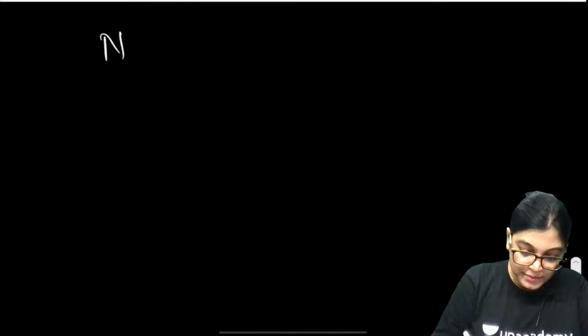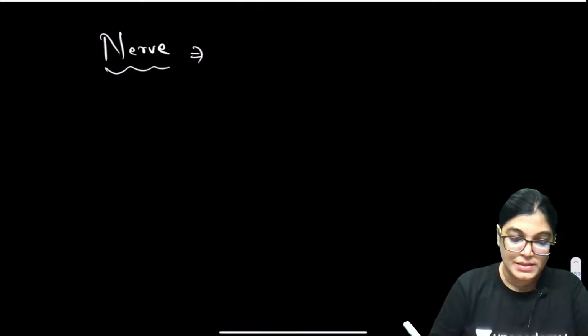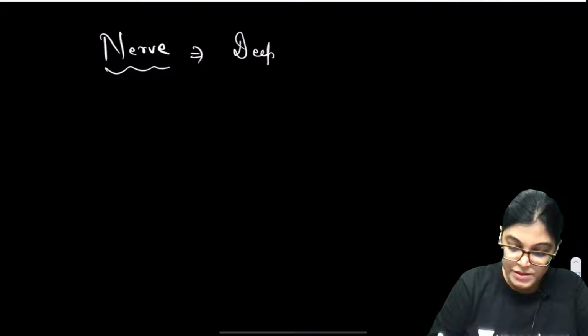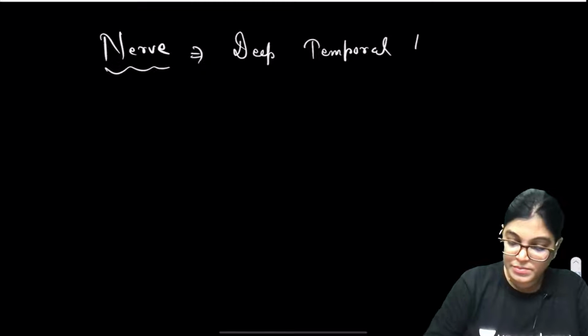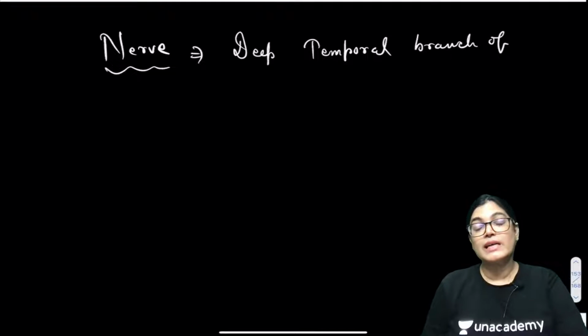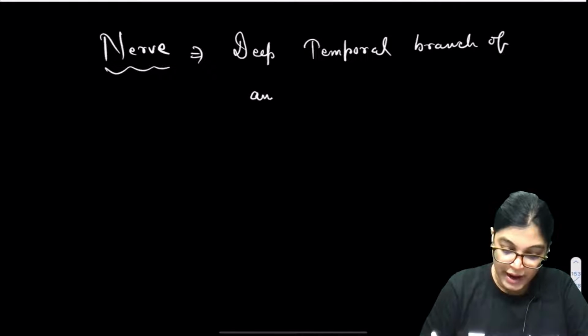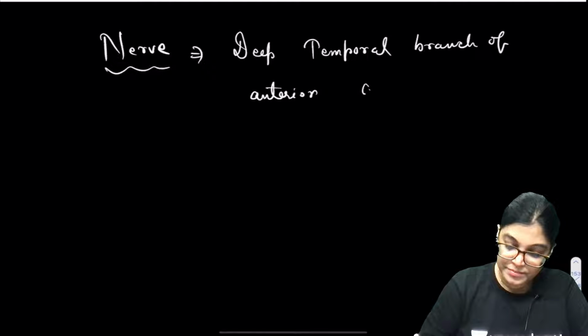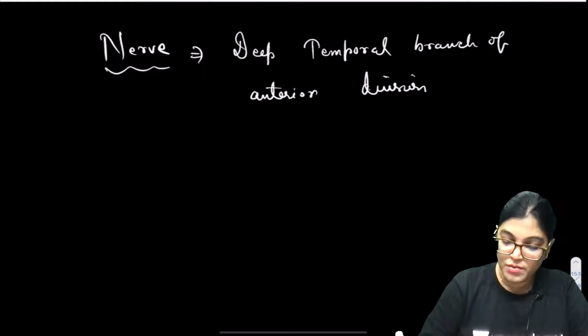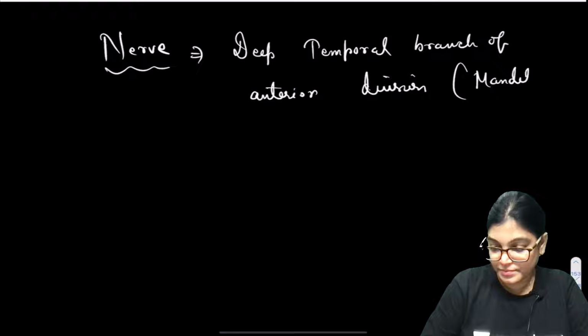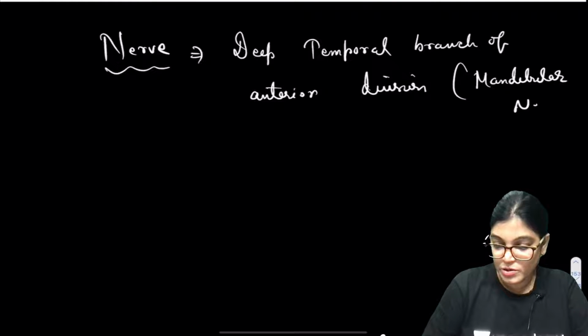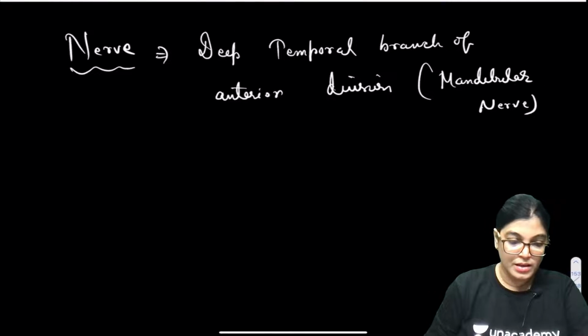So the nerve supply of the muscle is from the deep temporal nerves. The deep temporal nerve is a branch of the anterior division of the mandibular nerve. So this is the nerve.